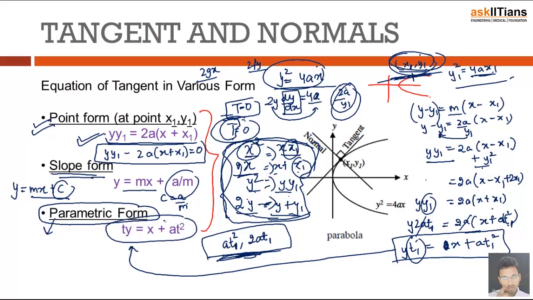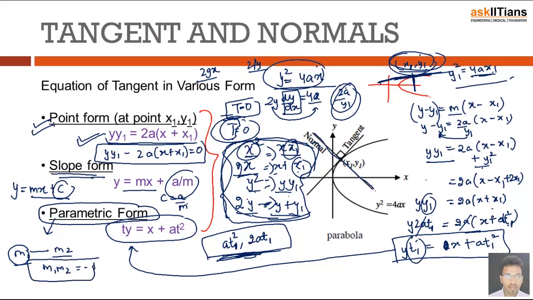Okay, so now this was about the tangent. Now any line which is perpendicular to the tangent, as shown here, is the normal. Once we know the tangent, we have studied that if we have two lines having slopes m1 and m2 and they are perpendicular, the condition is m1 m2 equal to -1.